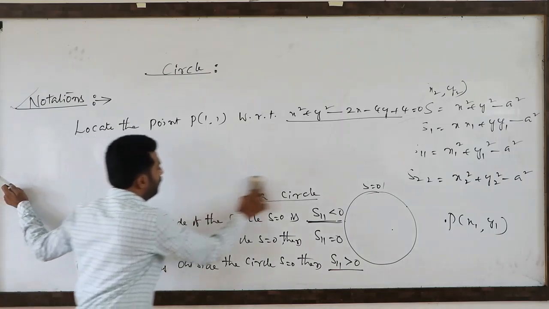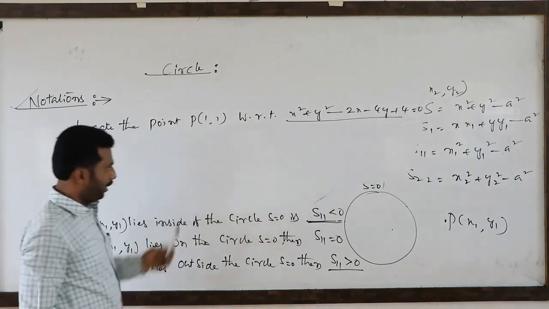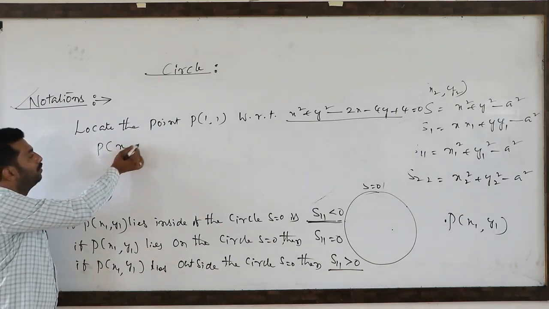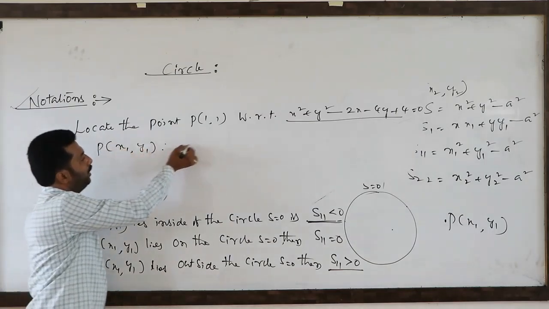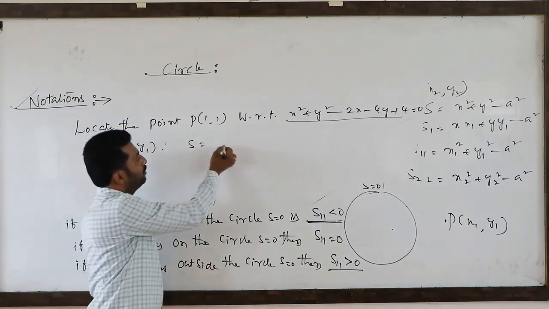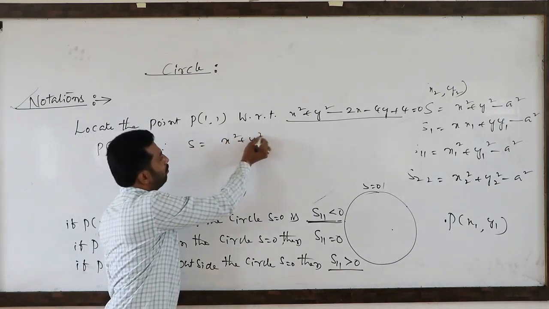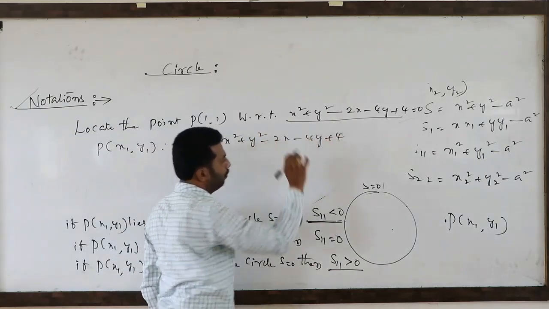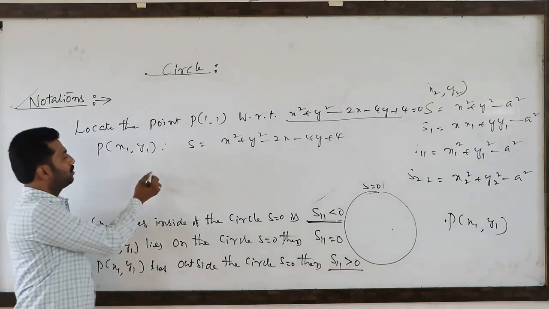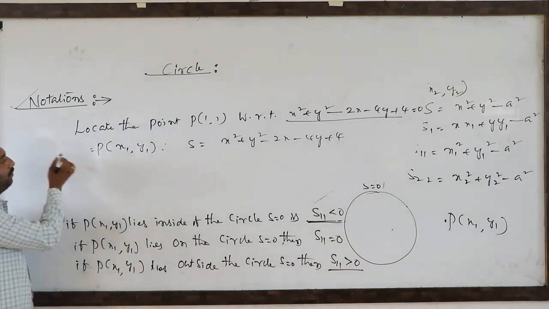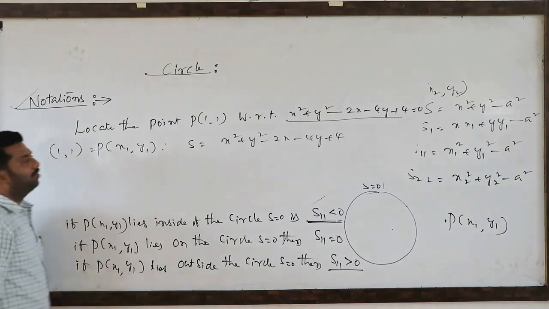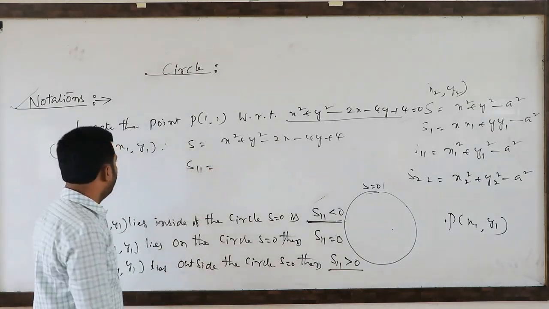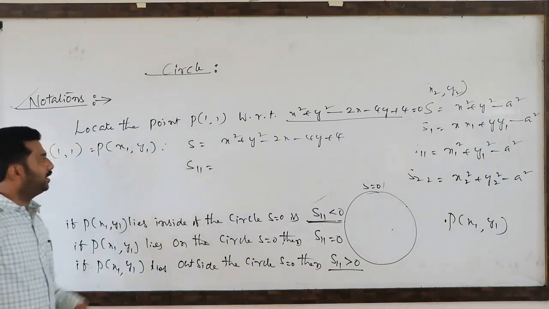So here, this is x1, y1. P of x1, y1. What is S? x square plus y square minus 2x minus 4y plus 4. This is P of x1 comma y1, means 1 comma 1. First, what we have to calculate? S11. Wherever x is there, 1; wherever y is there, 1.